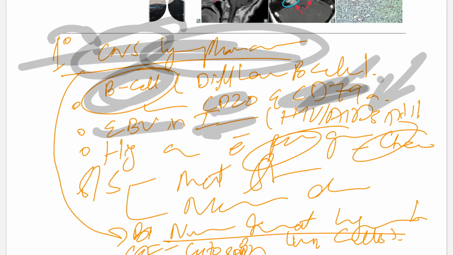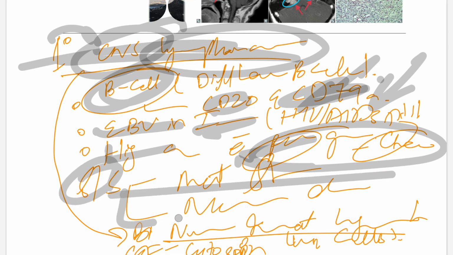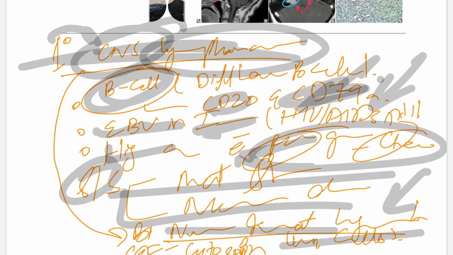It's high grade with poor prognosis and poor response to chemotherapy. Symptoms are mental status change and a progressive focal neurological deficit wherever they're present. High yield point is on biopsy, there's going to be numerous immature lymphocytes, which are the lymphoma cells, and on CSF you will see cytospin.